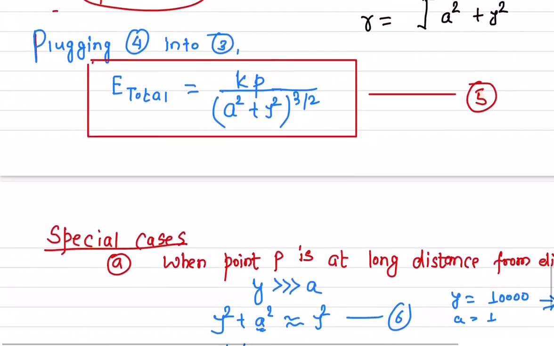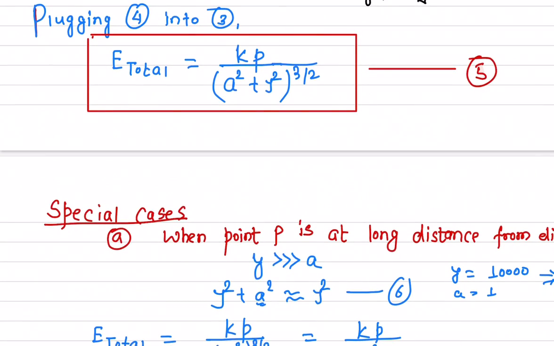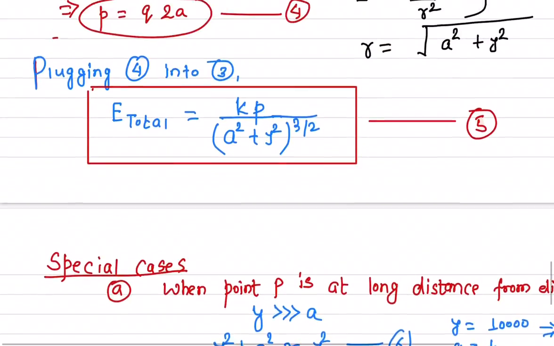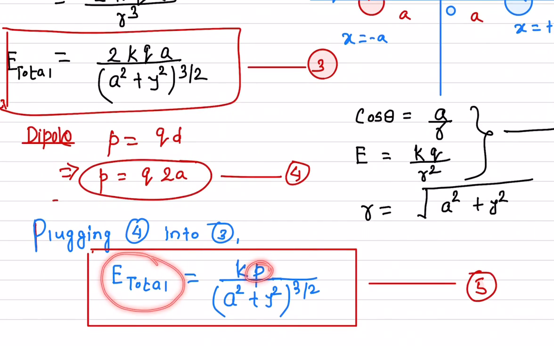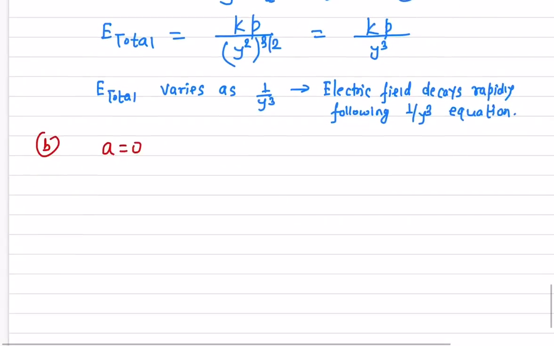Or in other words, mathematically, when a is equal to 0, I can plug into this equation or into this equation. If a is 0, then P, the dipole moment, is 0, and if P is 0, then the total electric field is 0.